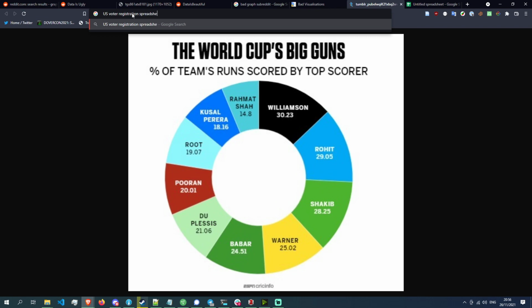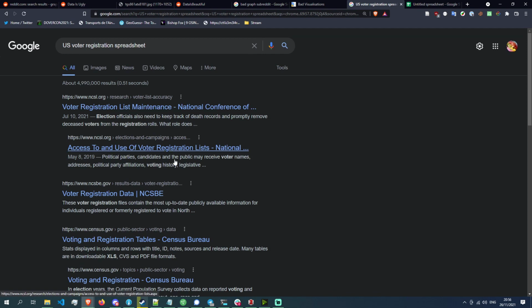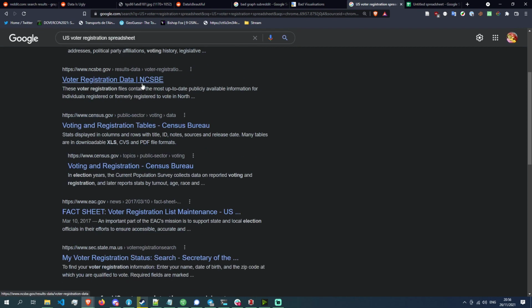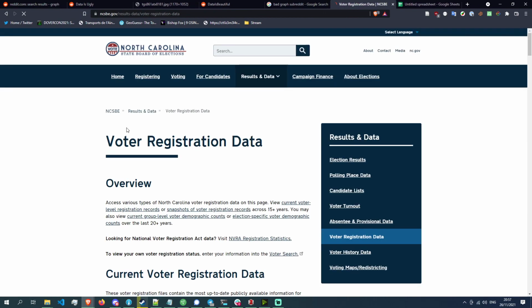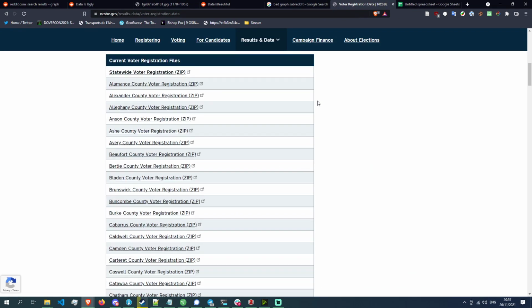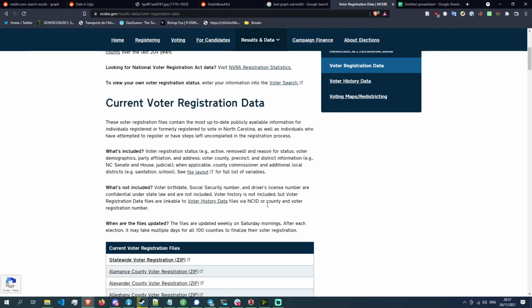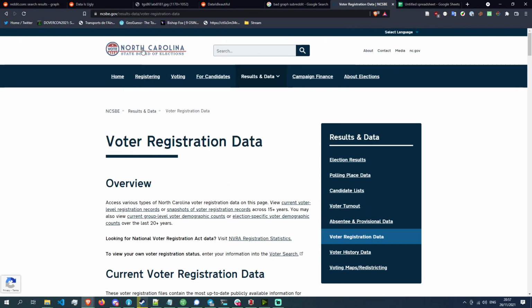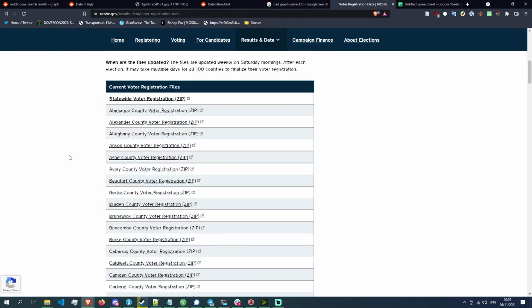Let's see if we can find an Excel sheet or something interesting. Voter registration list, voter registration data. Who doesn't like data? All this data is public, which is horrible. But let's see how we can weaponize it. Let us take a county, statewide voter registration. So this is North Carolina.